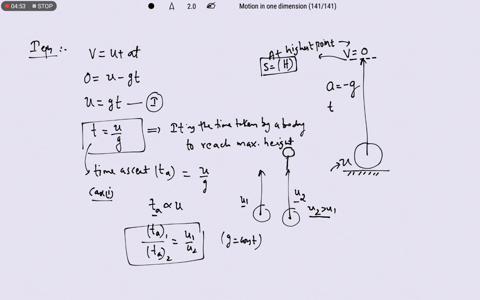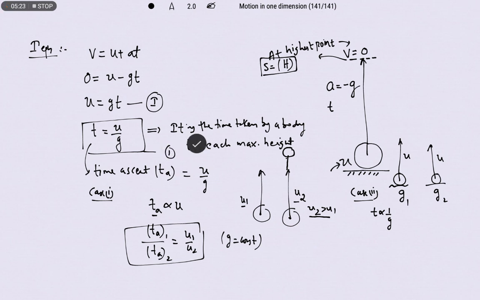Now let us discuss one more case, at two different places. At one place the acceleration due to gravity is g1, and at another place it is g2. Now we are throwing the bodies with the same velocity. Both are thrown into the air with the same velocity. Then the time of ascent is inversely proportional to the acceleration due to gravity, from equation number 1.